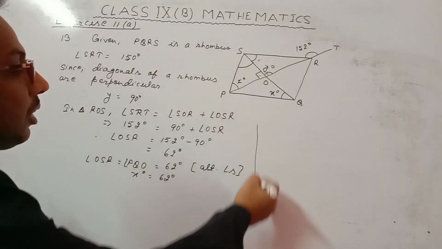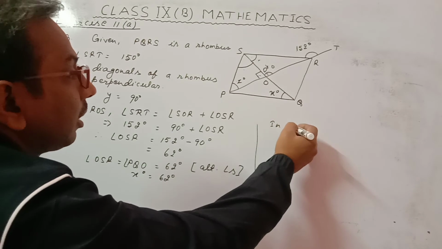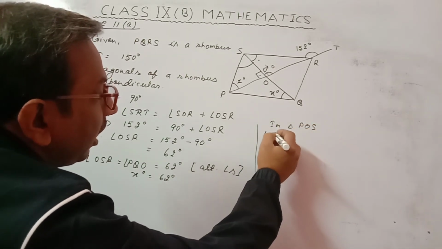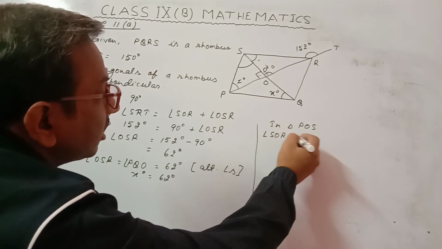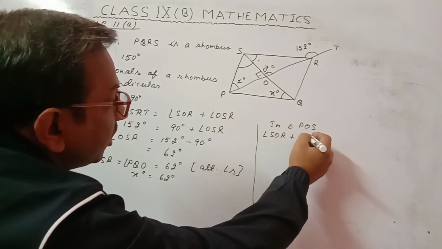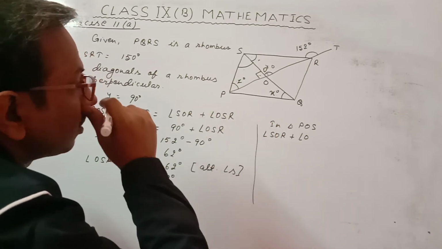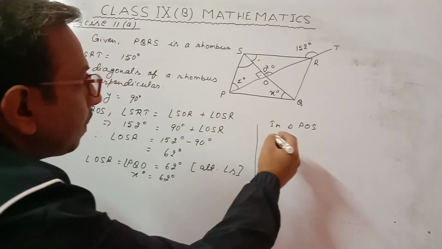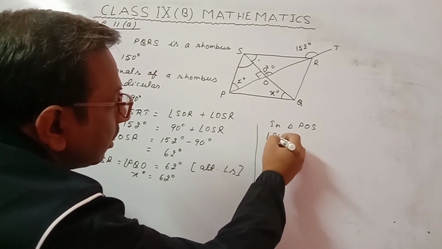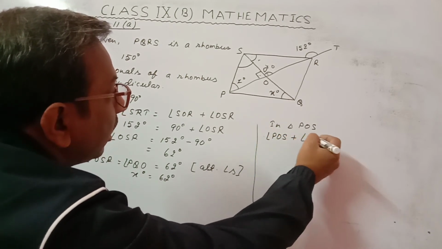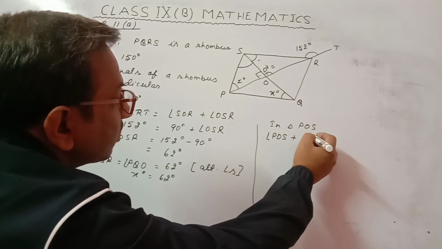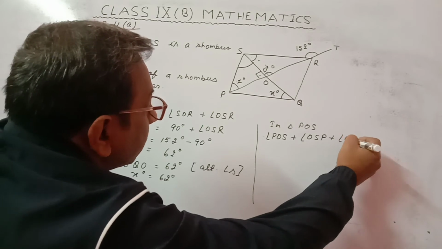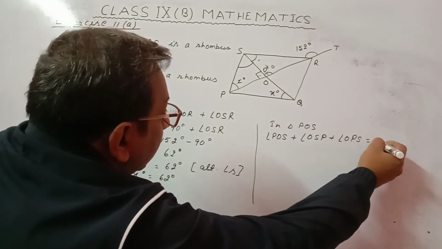For that, we come in triangle POS, angle POS plus angle OSP plus angle OPS equal to 180 degree.